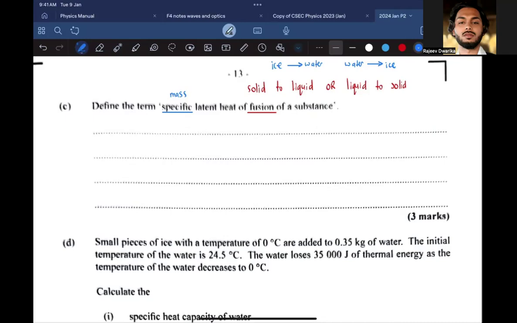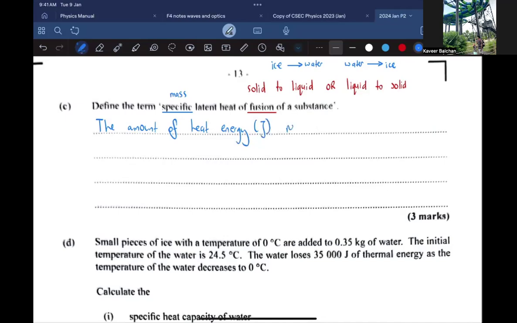So I will start you off, Justin. Specific latent heat of fusion is the amount of heat energy needed to change the temperature of a substance by 1 degree. Nah, you're close, you're real close. You're missing the mass.